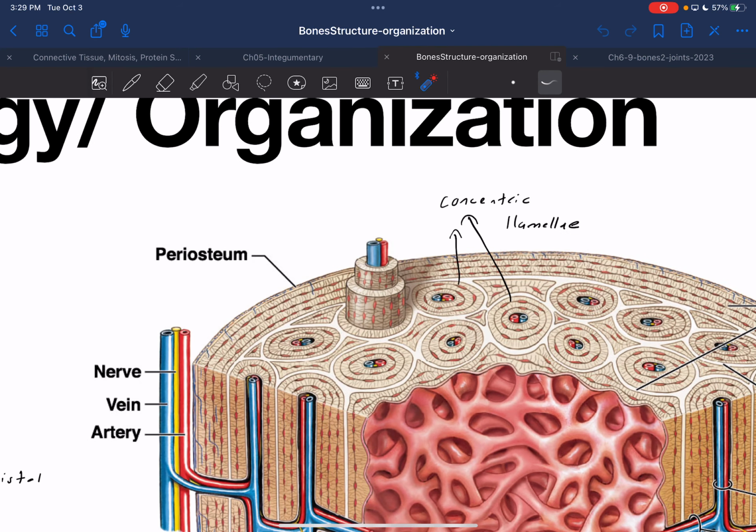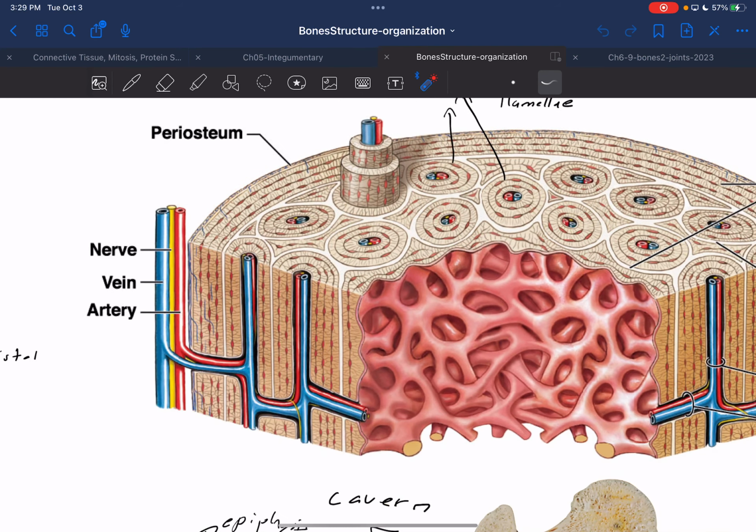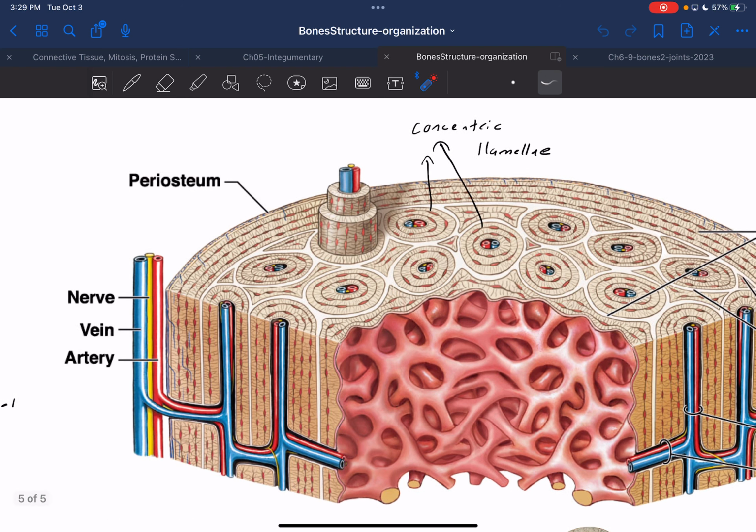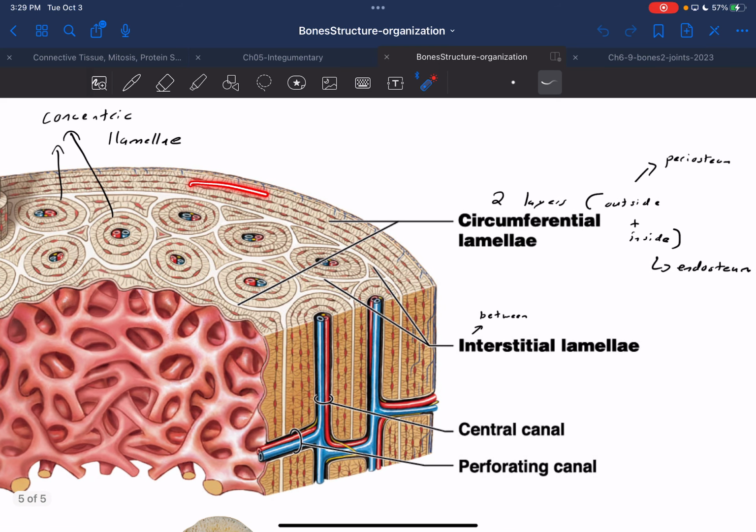Right now what we are evaluating is the outer layer and the inner layer, the endosteum. And so appositional growth is only focusing on circumferential lamellae. And remember, these two, the outer and the inner, are circumferential lamellae.